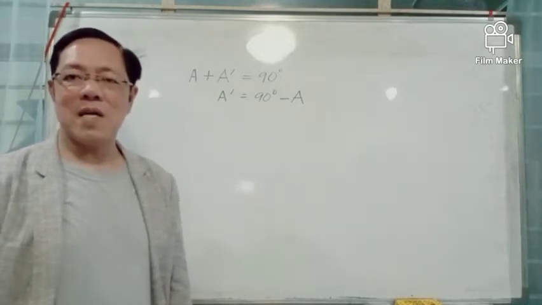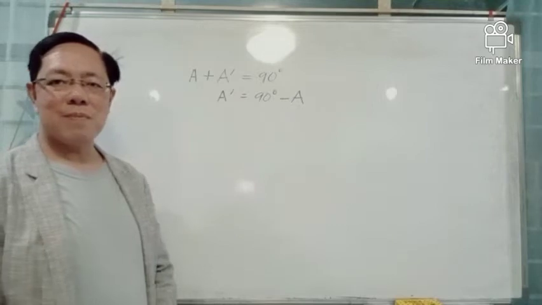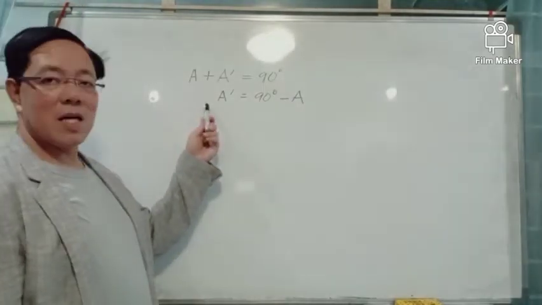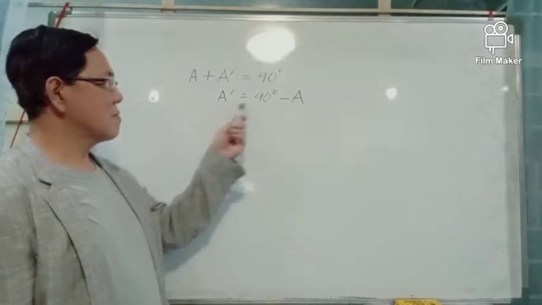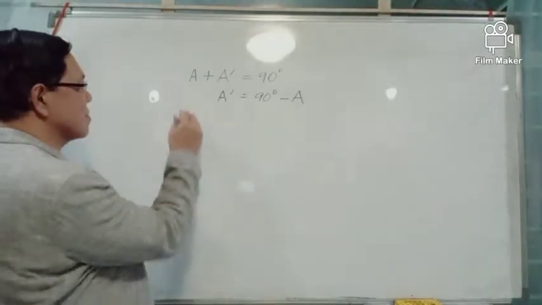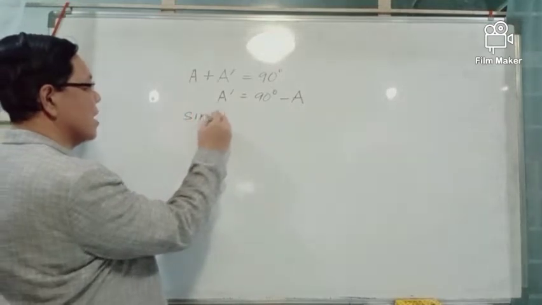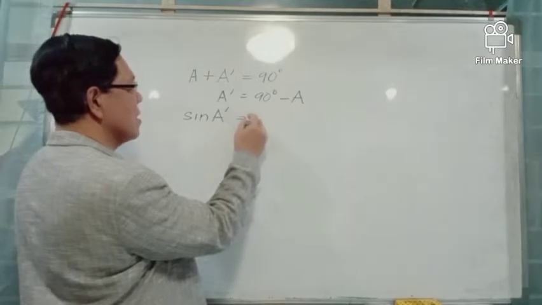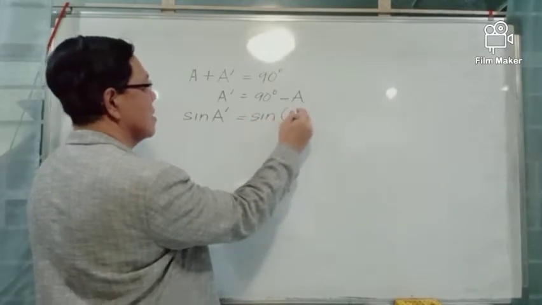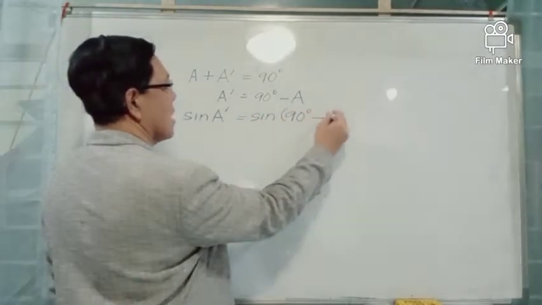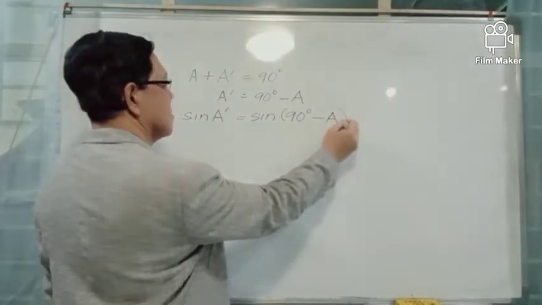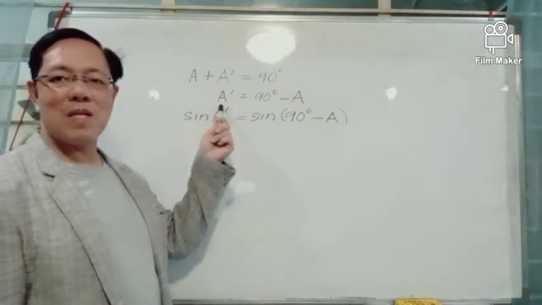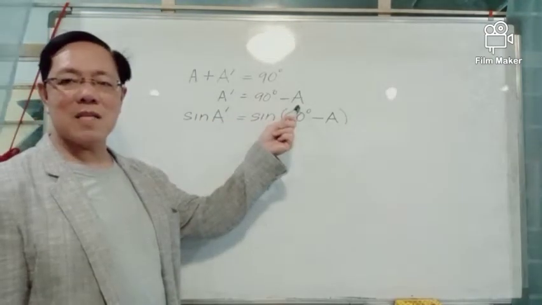Now we verify the complement angle theorem using sine. We take the sine of both sides of this equation. We have sine of A prime, the complement of A, equals sine of 90 degrees minus A. A prime is the complement of angle A. Angle A is given.